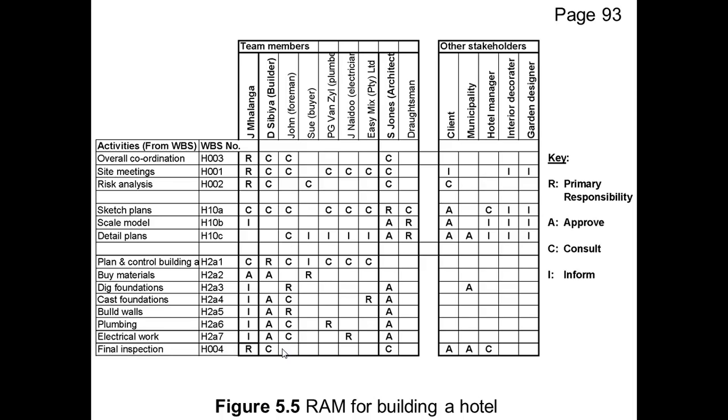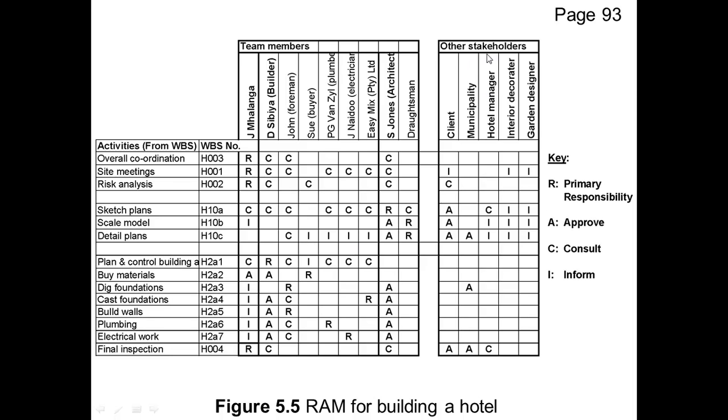Then the other thing is, other people such as the buyer, the plumber, the electrician, and the cement suppliers are affected by whether the plans are approved or not, because they can only start work once the plans are approved. So we need to inform them on the process. So this is in terms of the team members.